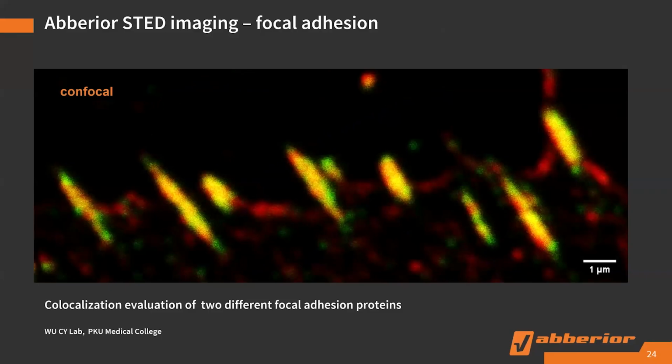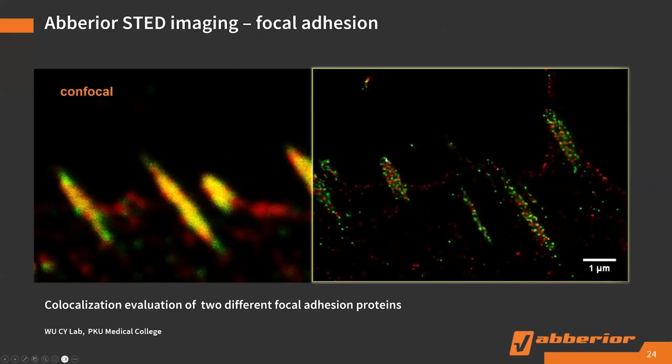And now this is an interesting example. The customer would like to study 2 new proteins in the focal adhesion, and their interactions. In confocal, there's strong co-localization, right? And actually, she wasted 6 months trying to prove the misleading information from the confocal. There's no interaction at all, as proved by all the other methods.